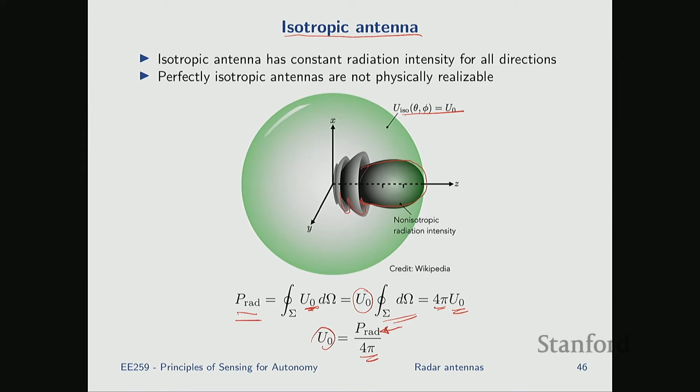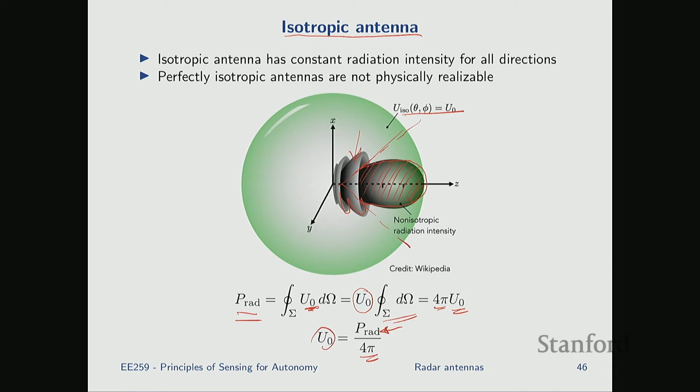Most of the energy would be radiating inside the main lobe, and the side lobes would also have some energy. And there are some directions where you have nulls. In those directions, like in this direction and in that direction in space, actually no energy flows for the gray radiation pattern that we're showing here.